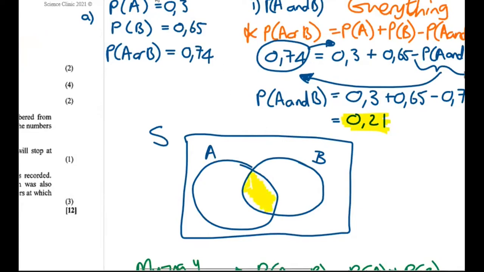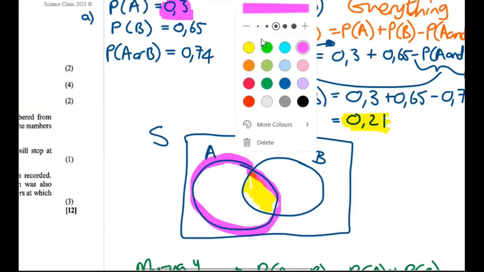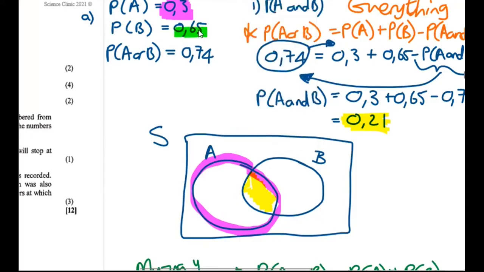They've told me that the probability of A is 0,3, but please realize that is for all of A. So that entire circle has to be 0,3. And the entire circle for B has to be 0,65.